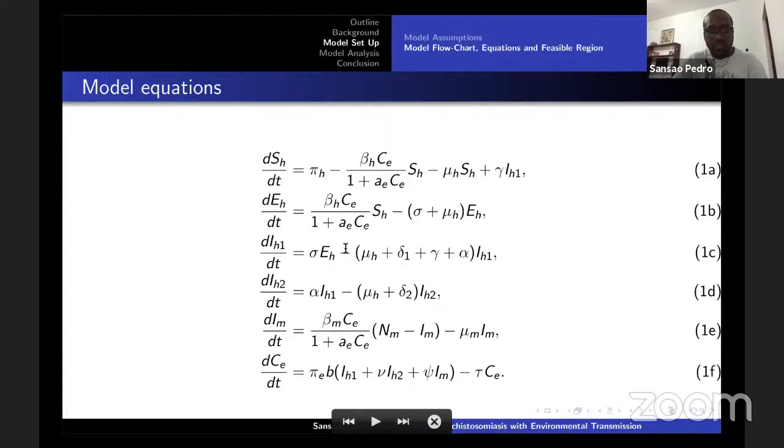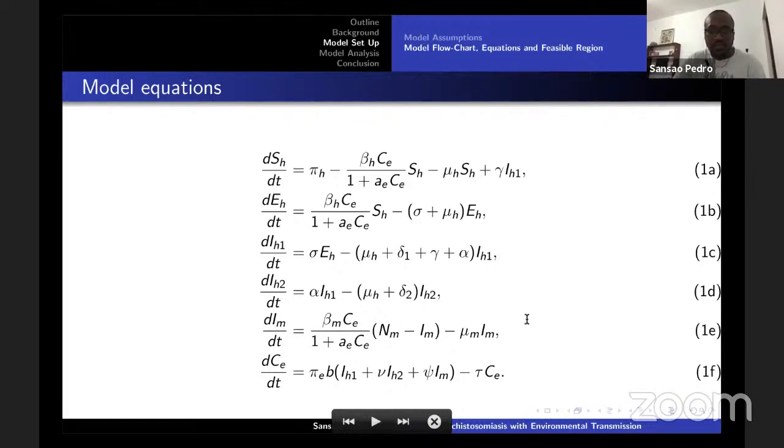The same process repeats. The compartment IH1 is increased by those who leave the exposed compartment, and it is reduced by those who leave this compartment, and so on.